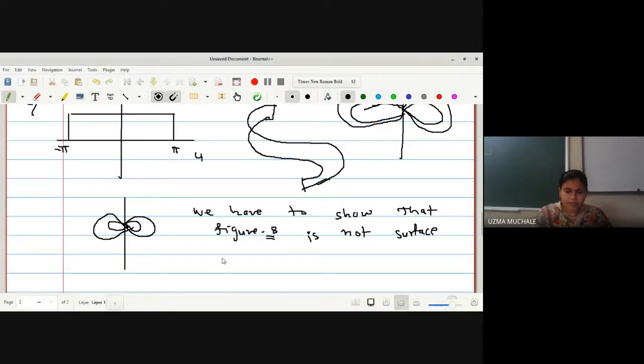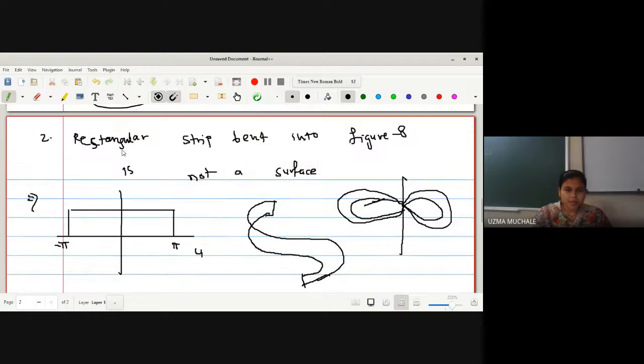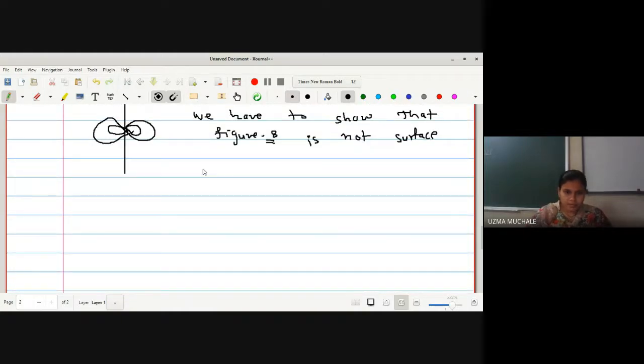For defining the map, we should know the domain, right? Now, what we have done is defined this with the help of minus pi to plus pi for u, and from 0 to 1 for v. Now here we have X from D to E3. So let me define a mapping. What is D? D is with the conditions on u, v, right?